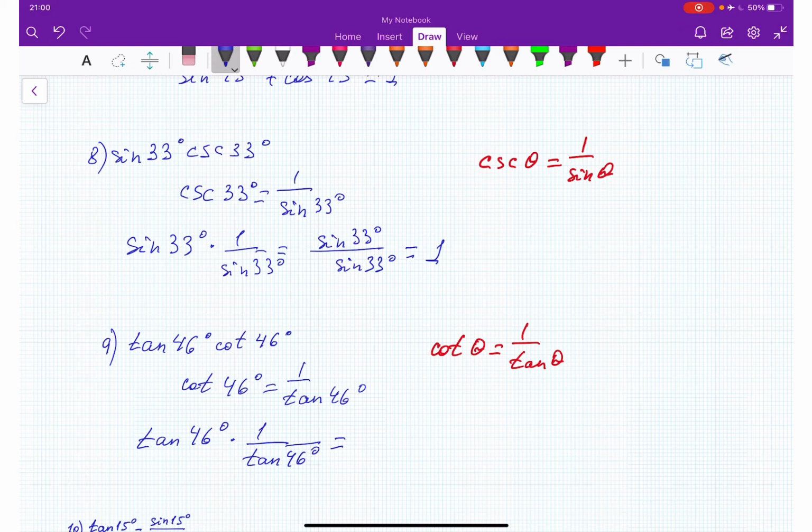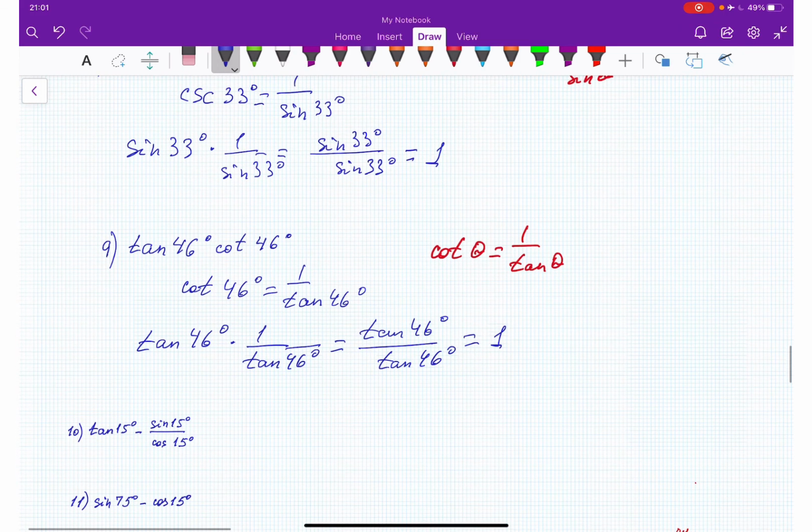And as a result, we are getting tangent 46 degrees over tangent 46 degrees, and that is equal to 1. All right, next one.